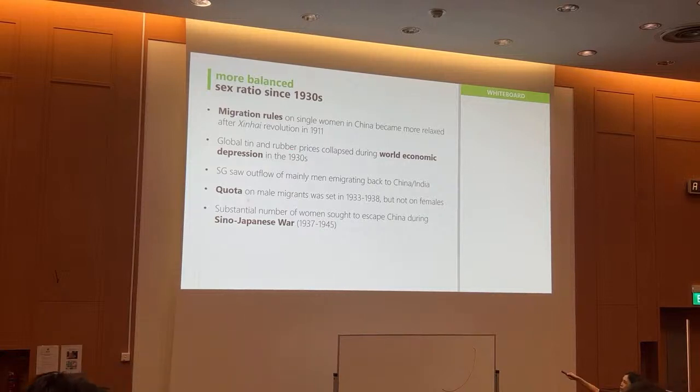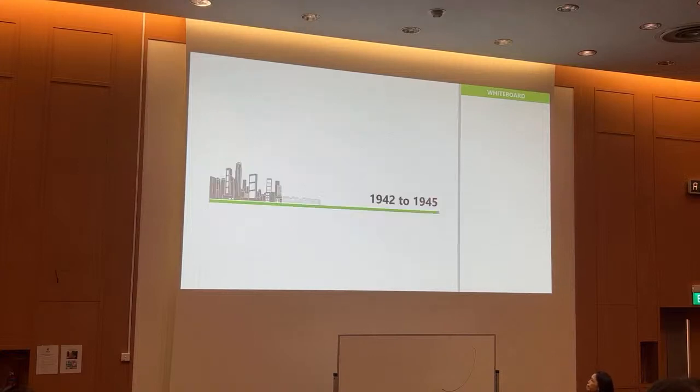And at the same time, the Singapore government also imposed a certain quota on male migrants, but this quota was not applicable to females, so females still can flow in quite readily. Then this may be a push factor for why women would want to leave. At that time, China was experiencing war and chaos, so there may be more motivation for them to leave.